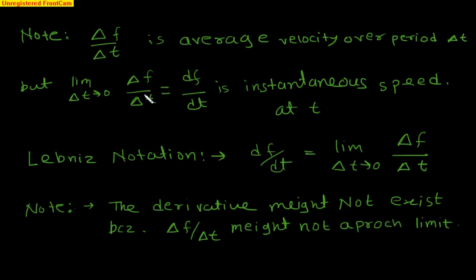But when we put limit del t tends to 0, it becomes the derivative or slope, or velocity at the exact point t. We have seen this in our previous videos.